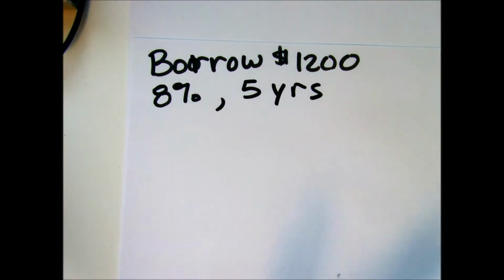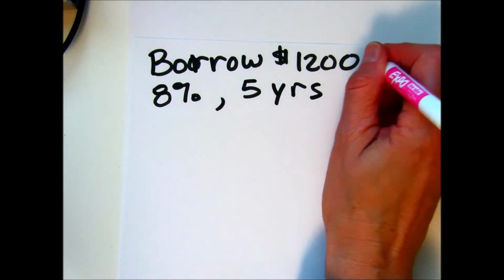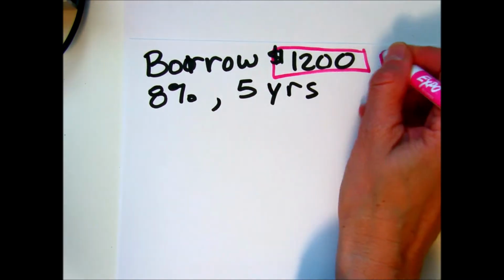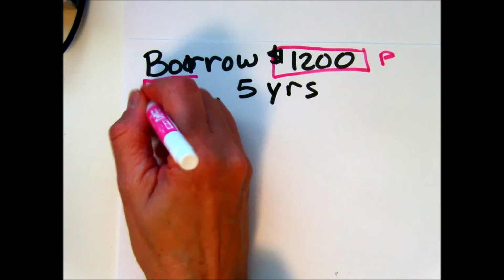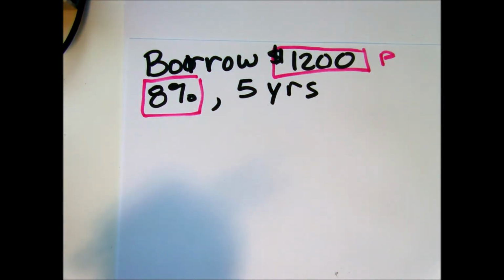Again, I'm writing it as shorthand just because it'd take a long time for me to write it out. So again, the amount we're borrowing, that's going to be the principal. This is the rate as a percent. We want to change that to a decimal.